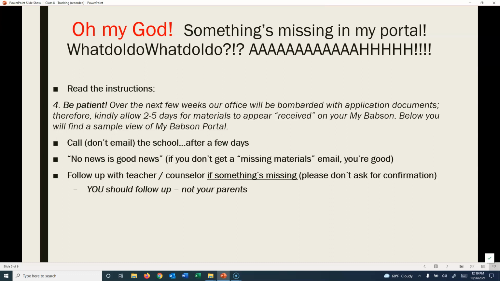Now, you parents may be a little disappointed to hear this, but the colleges really do want to hear from the student. So the student should follow up if something is missing. They want to see that the student is responsible. That's why they want to hear from the student. But overall, give it a few days after the deadline for things to appear as received on your portal.